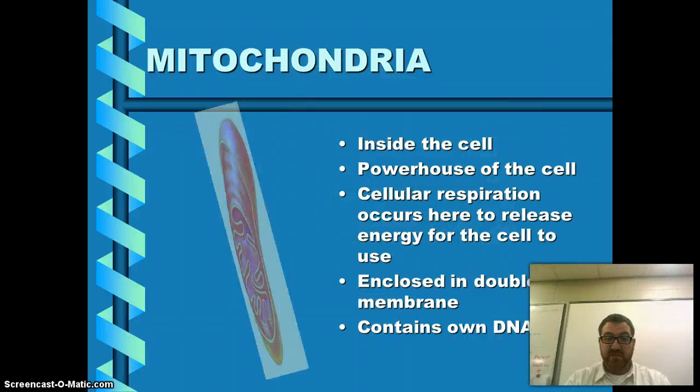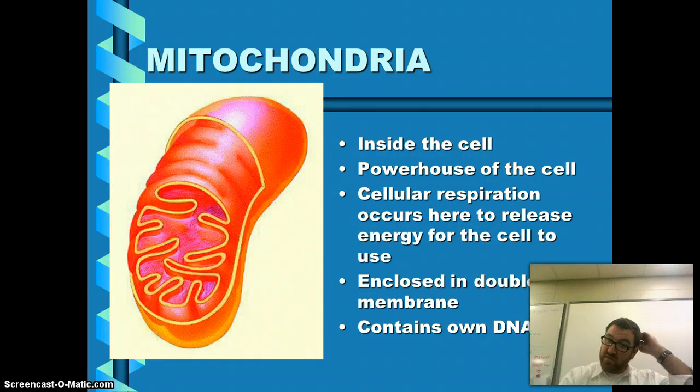The mitochondrion, which here's kind of a picture of it, looks somewhat like a kidney bean, also is inside of your cell. This is what's going to be used to generate the energy through cellular respiration. It's enclosed in a double membrane, just like your nucleus and, in essence, your cell membrane.